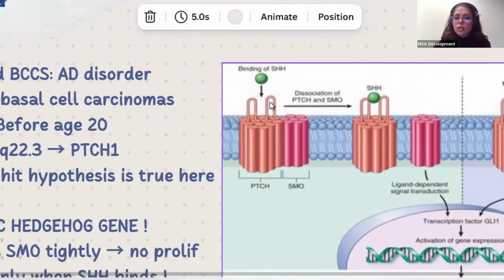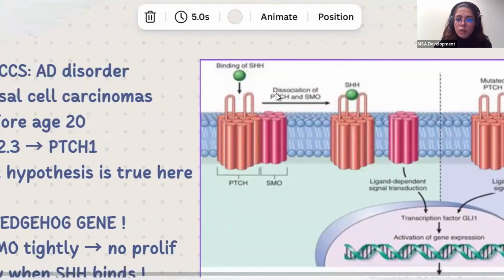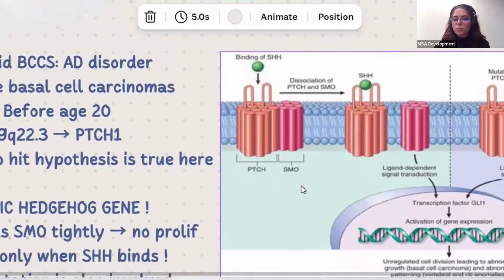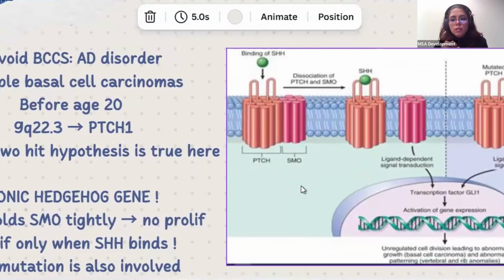Okay, so what happens is that the sonic hedgehog gene, no, pause. There's a PTCH and a SMO, okay? These are proteins. They should be stuck together, okay? What usually happens is that the sonic hedgehog gene comes, binds to the PTCH1, and then they separate. When they separate, the SMO activates a transcription factor, and there's activation of gene expression.